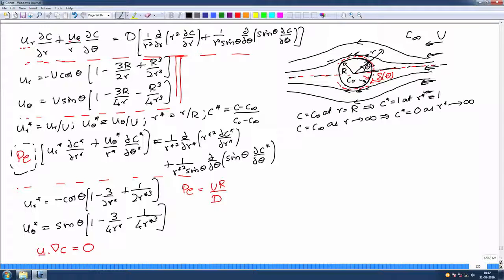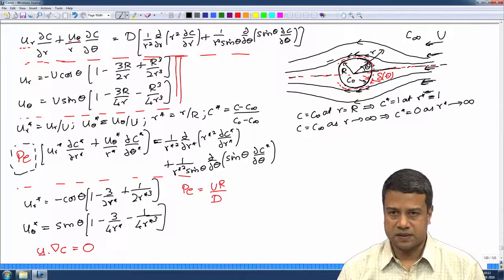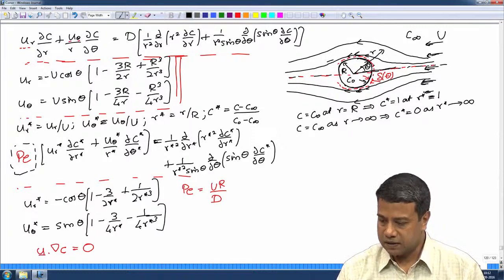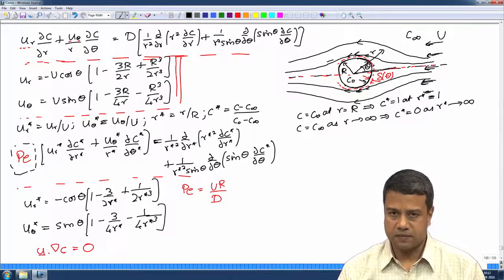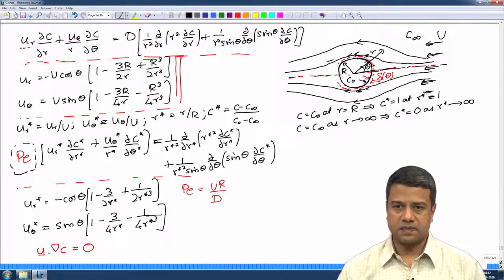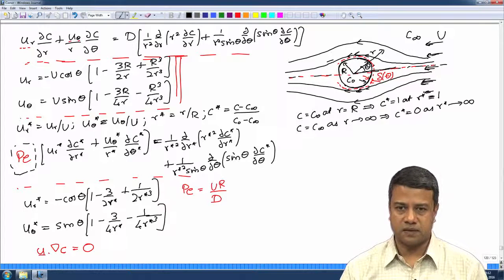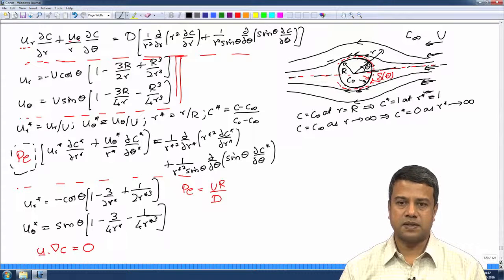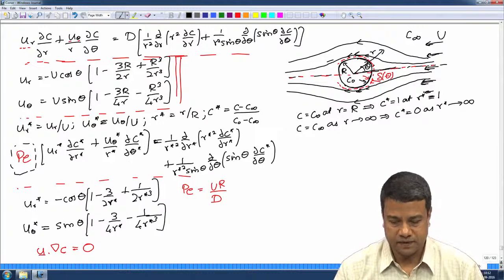At the surface of the particle, the concentration is C naught, which is different from C infinity, and therefore there is diffusion taking place from the surface of the particle. The mass that is generated from the surface is swept backwards by the mean velocity, and that balance basically determines the transport rate from the surface.